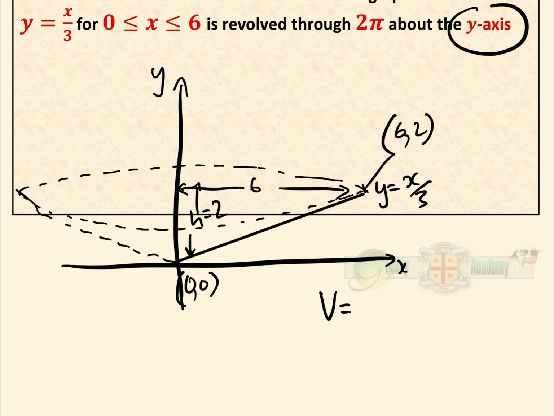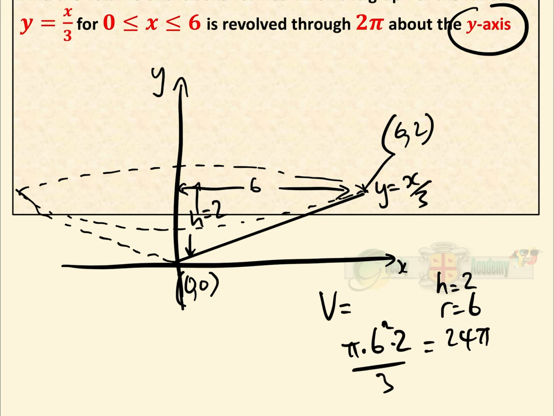Since h equals 2 and r equals 6, the volume would be pi times 6 squared times 2 over 3, which is 24 pi. So we know that the answer is going to be 24 pi.